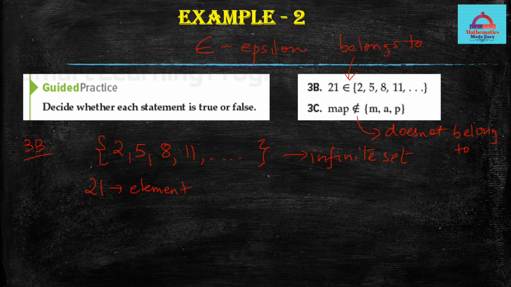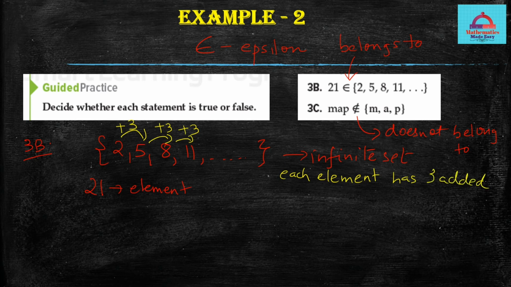So let's note that. How do I get 5 from 2? I add 3. Again, I add 3, I add 3. So the pattern that you observe here is that each element has 3 added to it. So to get the next element, just keep on adding 3. In that way, if we follow the pattern, we can write more elements of the set.